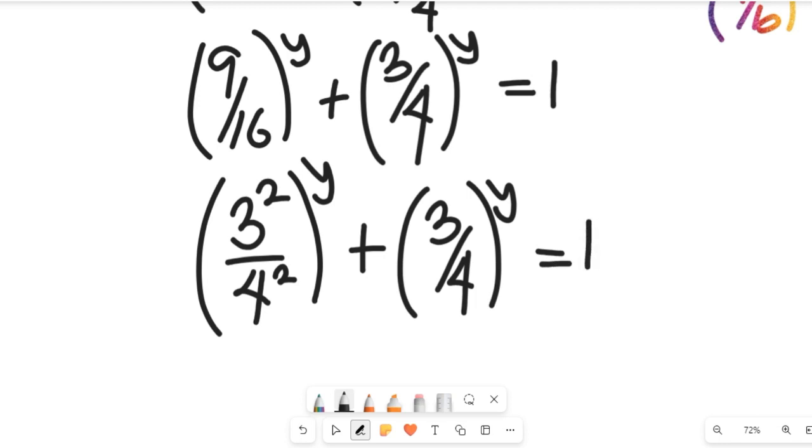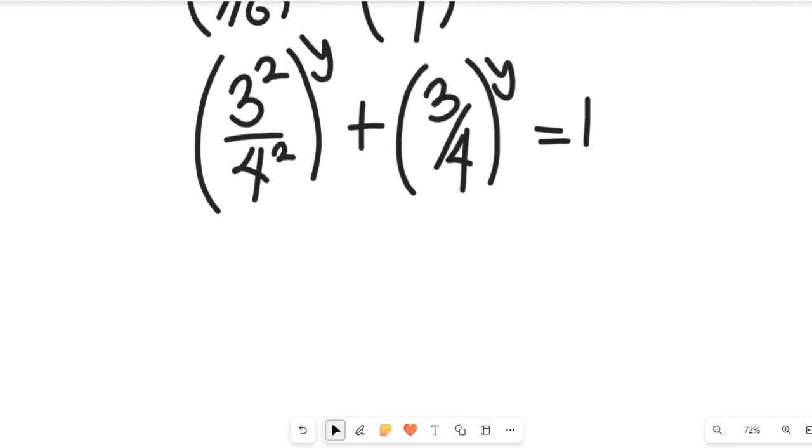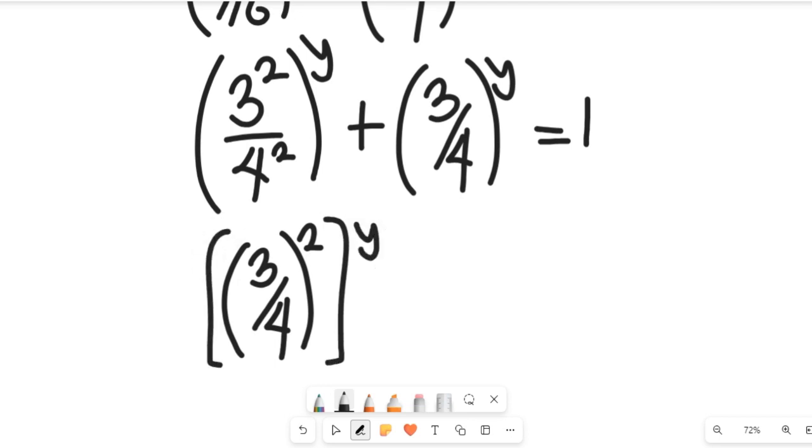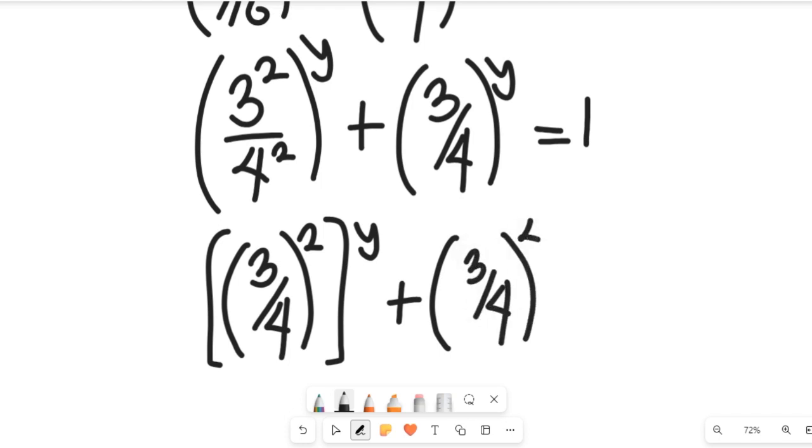Now recall that if two values have the same power, we can bring out the power, as the law of indices states. So we'll have 3 divided by 4 all to the power of 2, and this will be all to the power of y, plus 3 divided by 4 all to the power of y, equal to 1. Great.